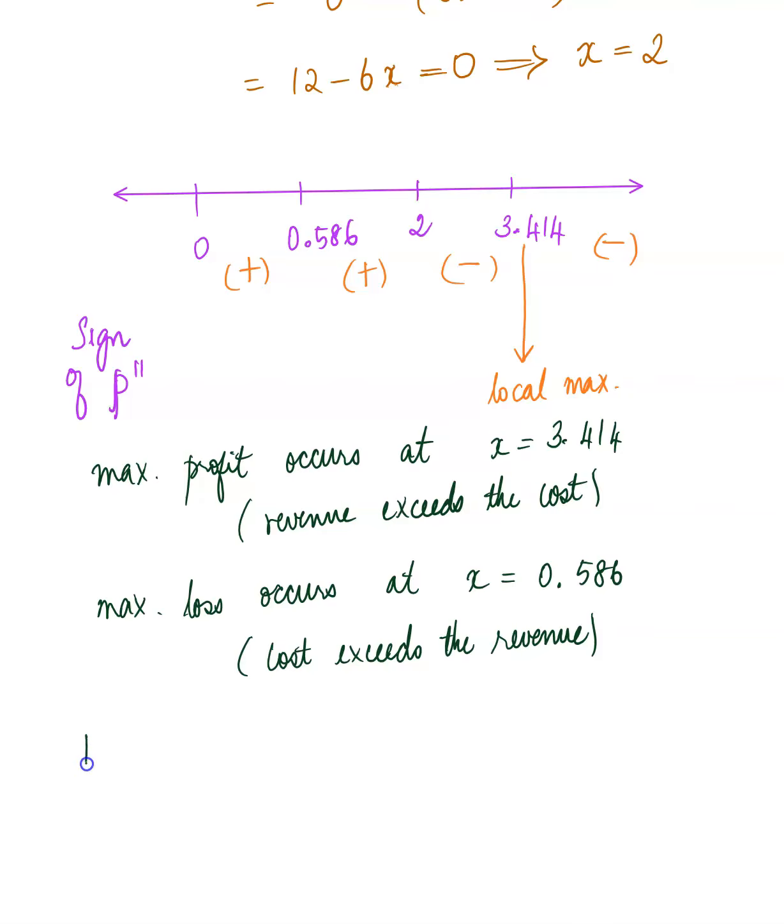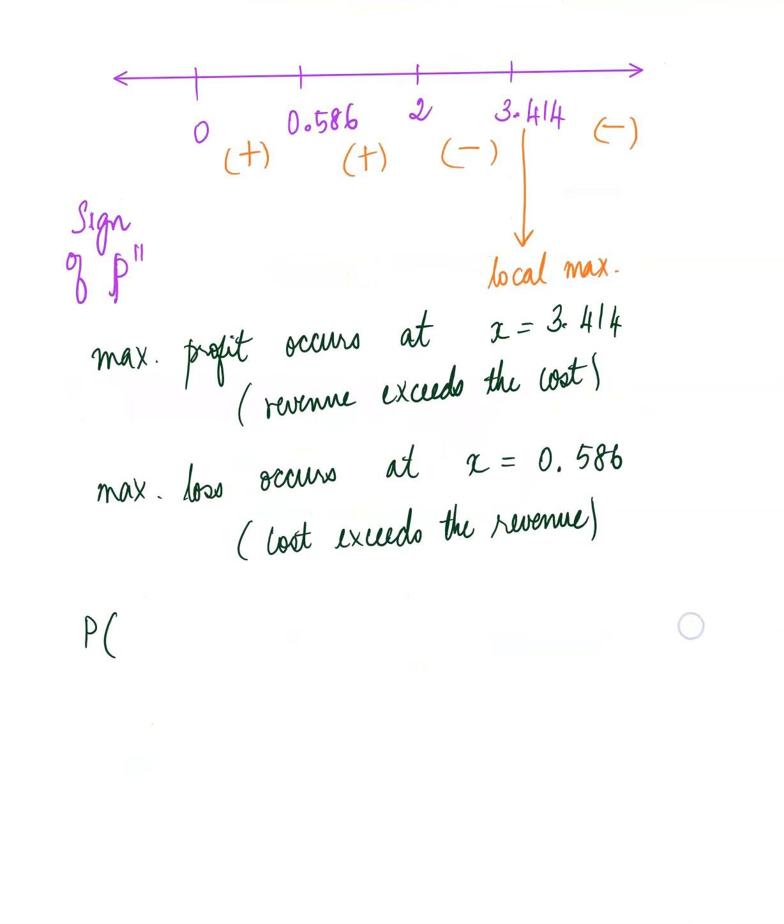Now we want to know what that maximum profit is. So go ahead, in P of x, in the place of x, you plug in 0.586. We'll go back to the equation. Just before that, I want to write P of x, which is R of x minus C of x, because I don't think we wrote that information.